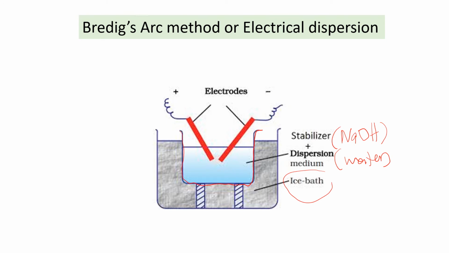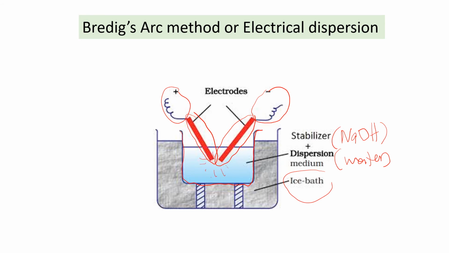In this vessel, the metal to be dispersed, in the form of electrodes, is dipped in the dispersion medium and connected to a high voltage, so that when electricity passes through the electrodes, there will be a spark at the tip of the rod.